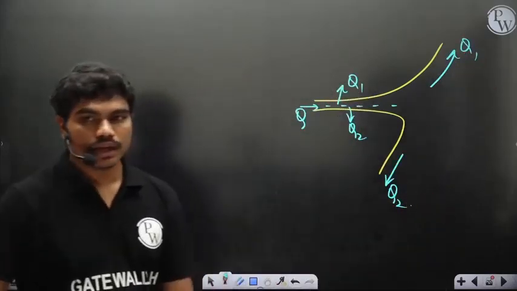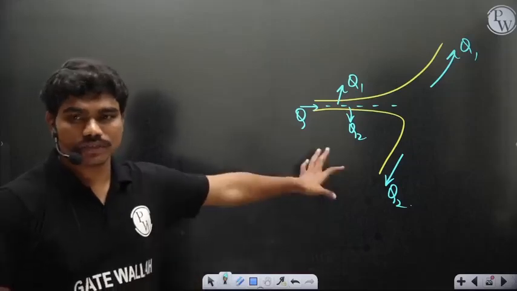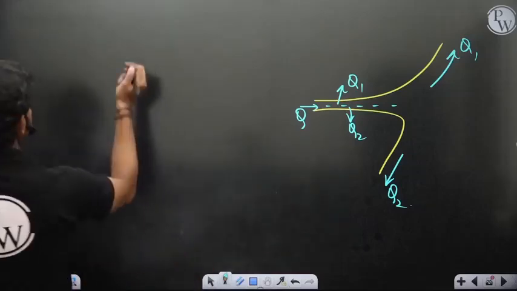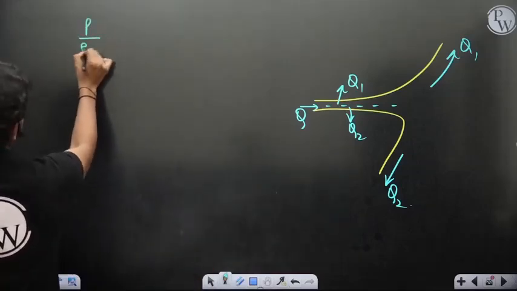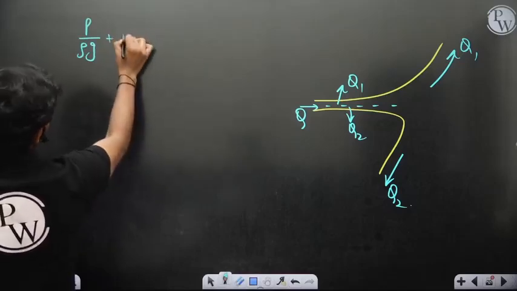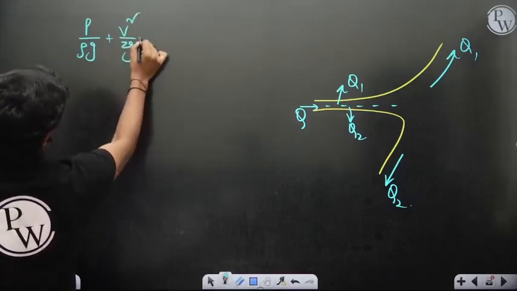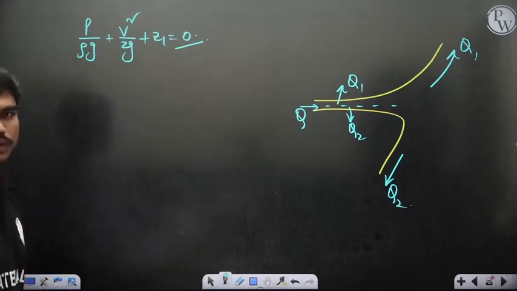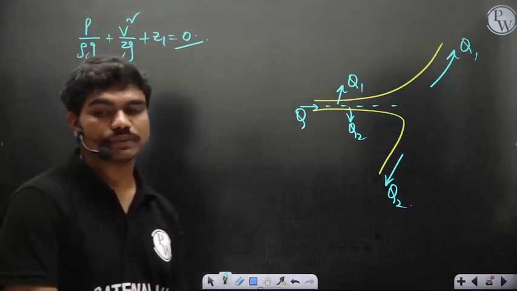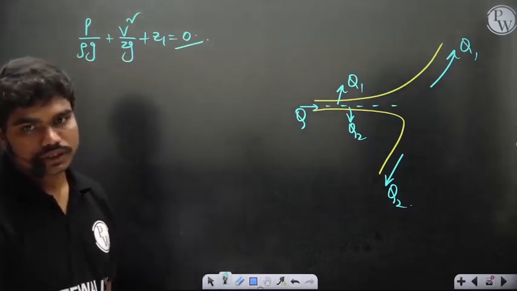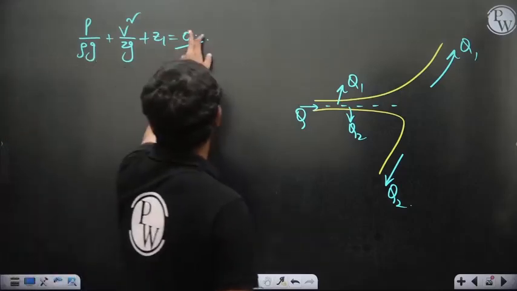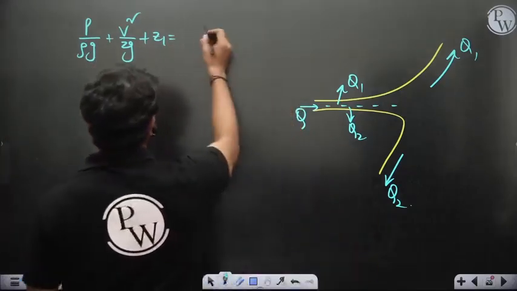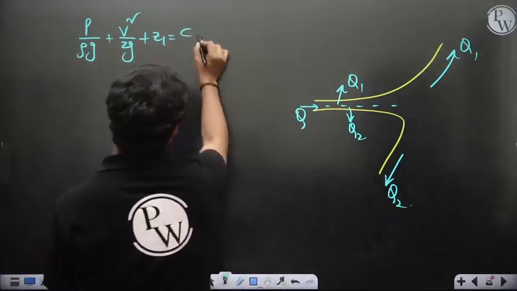If we apply Bernoulli's equation, because there is no viscosity, incompressible flow, we are dealing with liquids for the time being. P1 by rho g plus V square by 2g plus Z is equal to constant.